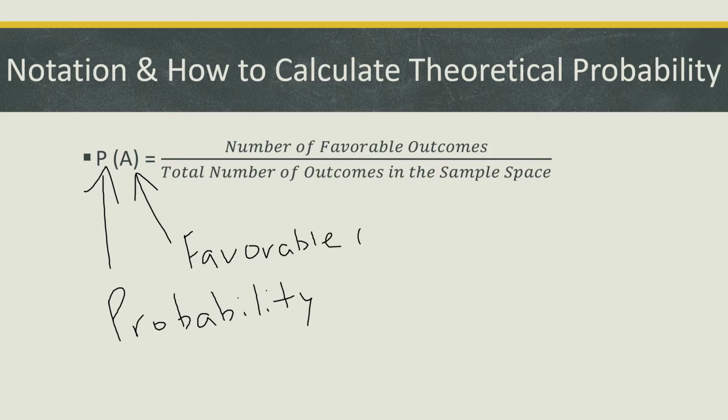Favorable outcome. So whatever specific outcome you're wanting to have happen, that's what you're going to write in that parentheses. If it's tails, you're going to write T. If it's heads, you're going to write H. If it's rolling a 3, you're going to put a 3. Whatever outcome you're more focused on, you need to write that in the parentheses.